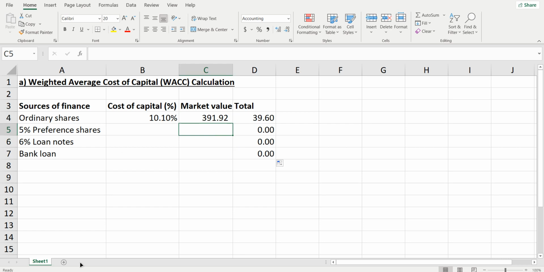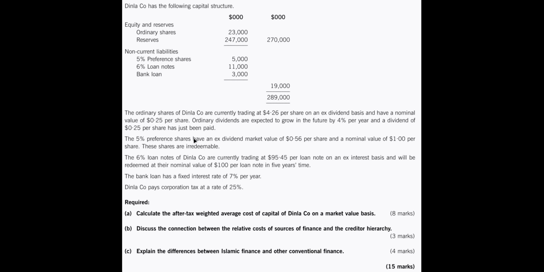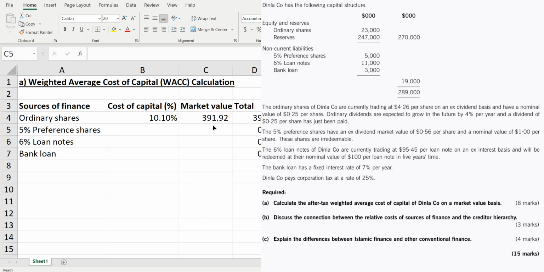Okay, now preference shares. Let's see the question. 5% preference shares have an ex-dividend market value of $0.56 per share and nominal value of $1 per share. These shares are irredeemable, so we have perpetuity in this case, but this is for cost of capital. Let's calculate the market value, same as ordinary shares: number of instruments multiplied by market price.